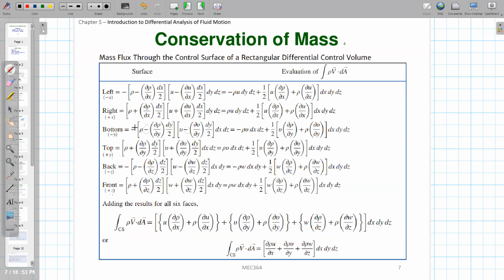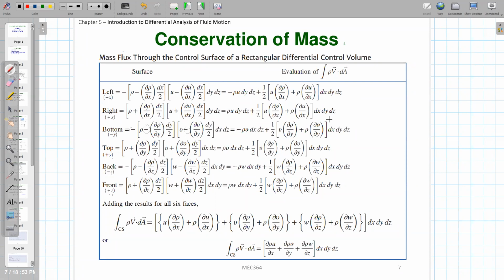Also, because the velocity and the surface normal differ in direction, you have a negative sign here. On the top y, again, you have the plus and plus here. You get this result, and similarly for the negative z and positive z. Now you have the surface mass flux for all the 6 surfaces of this differential control volume in rectangular coordinates.